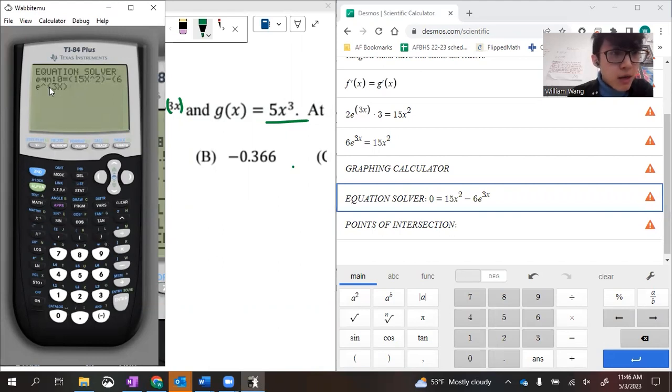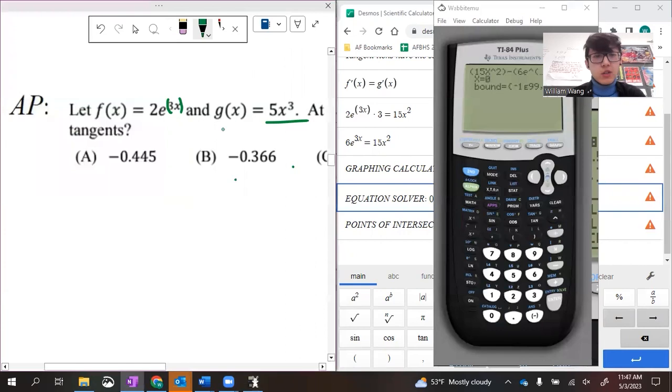Okay, that closes my 3x parentheses. I need to add another parentheses to close this one right here. All right, cool. Then you can press enter. And we're going to want to choose a guess. So let's look at my answer choices again.